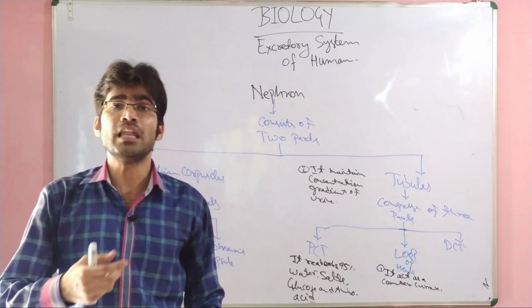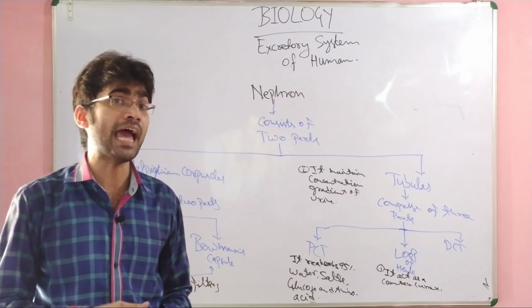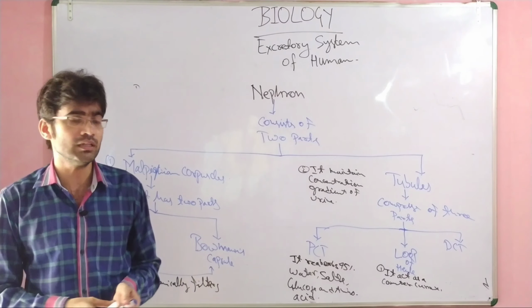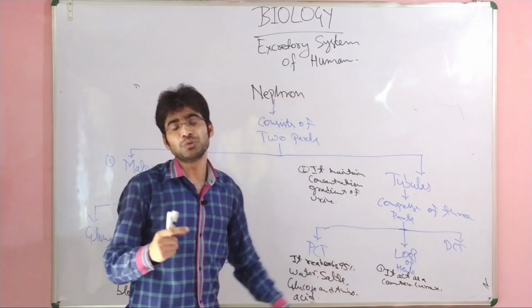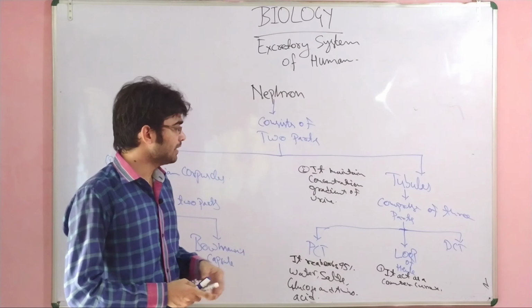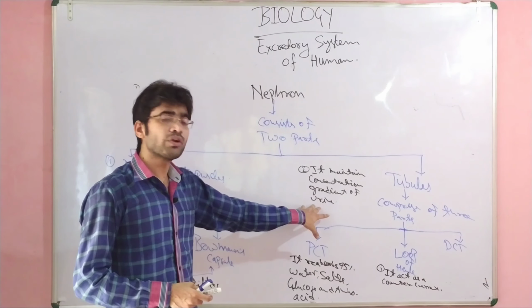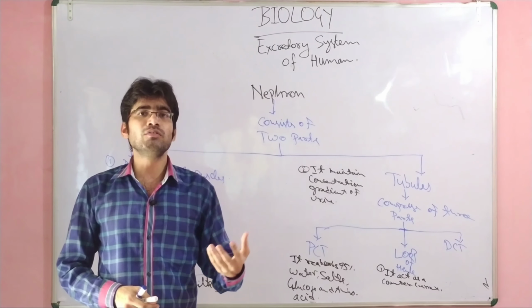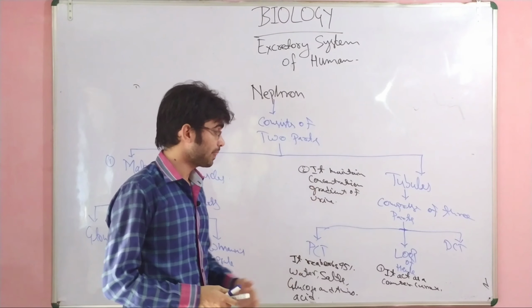Larger the loop of Henle, larger the concentration of urine. For instance, in the kangaroo rat and in the camel, the loop of Henle is very large. That's why the urine of camels is syrupy. And the urine of kangaroo rats is always semi-solid. It is an exceptional case in mammals.